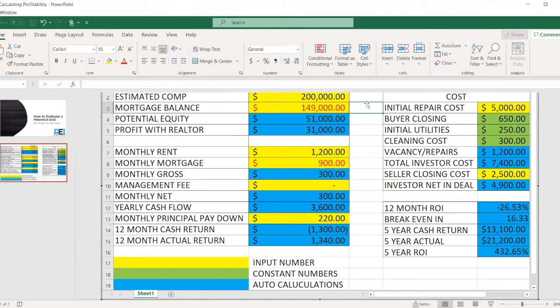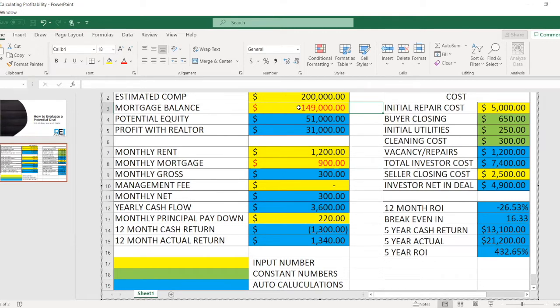So for example, if I have a 1,500 square foot house with 3 bedrooms and a bonus, they will look for other 1,500 square foot homes with 3 bedrooms and a bonus within a 2-mile radius to see what properties you're going for in that market, and roughly what you can sell the house for if you were to fix it up and sell it for top dollar value. So let's say for our subject property, we have a $200,000 comp. That's what it's worth top dollar.